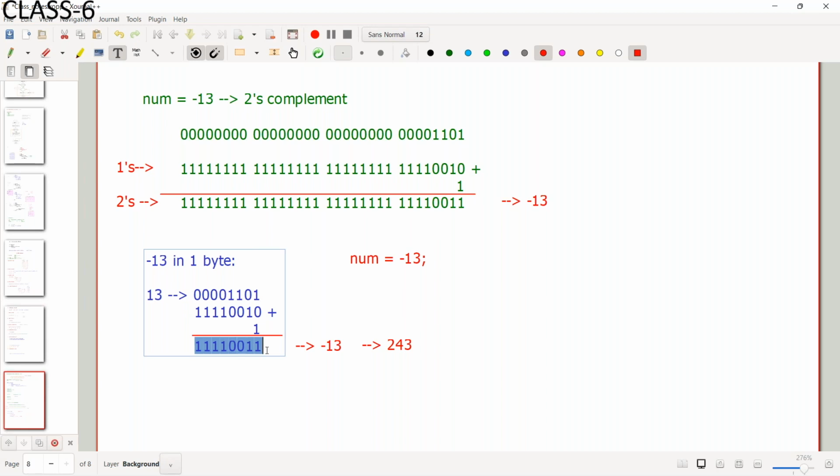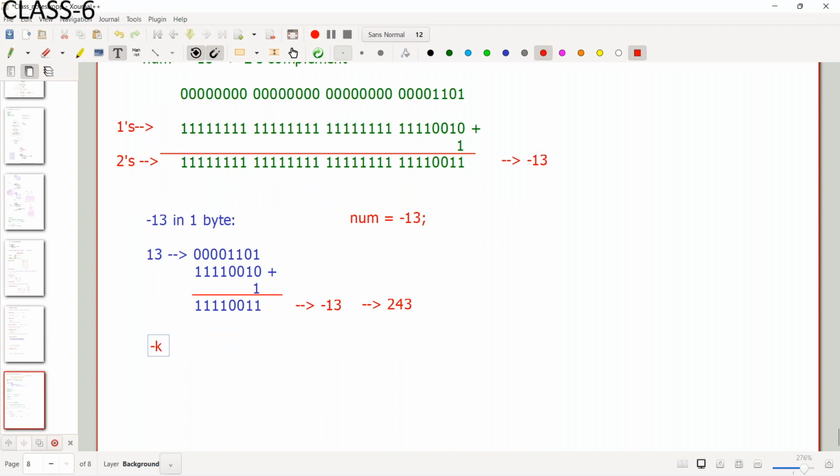Or we can easily say, suppose k is a negative number, we can easily find the value with which it will finally be stored inside the memory.